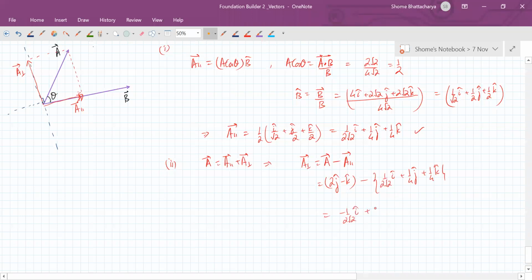Plus 2 minus 1 by 4. So that will give us 7 by 4 j cap. Okay. Minus 1 by 4. So that will give us minus, this is the perpendicular projection.